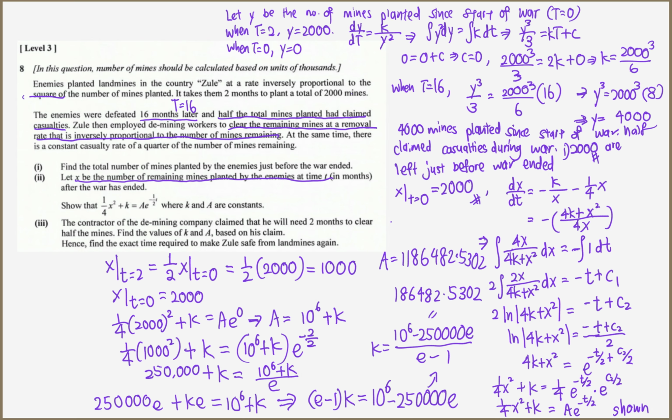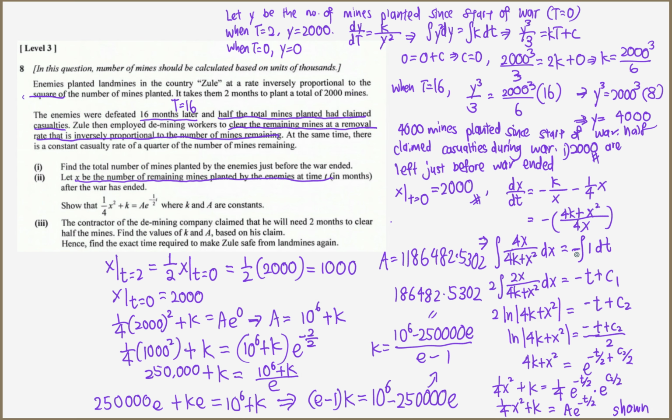So when I combine, I factorize out the negative sign and multiply 4 to this, so 4k, and multiply x to this, so x multiplied by x is x squared, over the denominator which combines to become 4x. Then when I multiply over to the other side, it becomes 4x over 4k plus x squared dx.